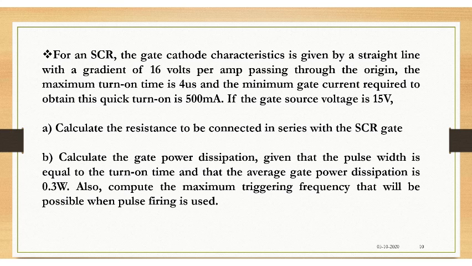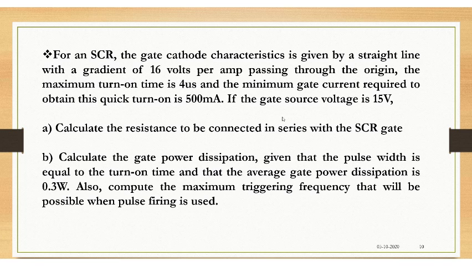It is very simple based on all the explanation you have gone through in this session. So you should be able to come out with the parameters that are asked. What is asked? Calculate the resistance. To find the resistance for the gate drive circuit, you apply Kirchhoff's law.